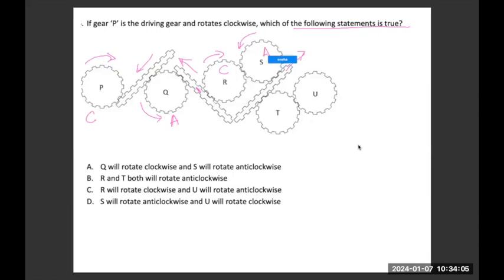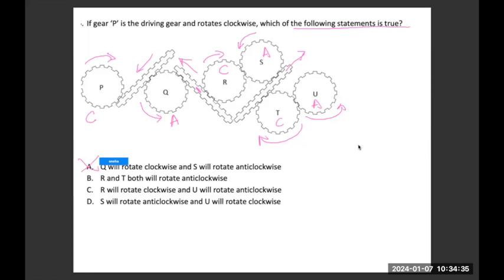If this arrow is moving upward, T will be rotating clockwise like this. So I'll write C here, and then U will be rotating anti-clockwise like this. So I'll write A here. It's just a matter of cross-checking what is what. Q will rotate clockwise and S will rotate anti-clockwise. Q is rotating anti-clockwise, S is also rotating anti-clockwise.